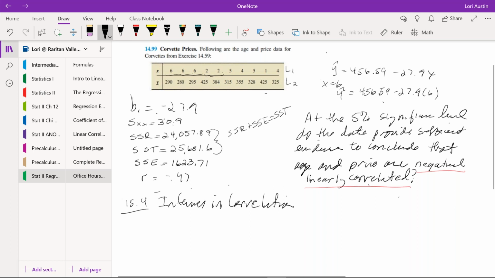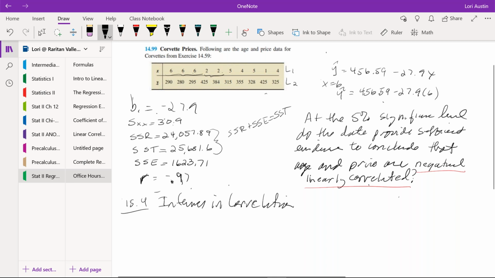Now, to do correlation, we need to introduce R, our correlation coefficient that we found in last week's session. And we got it to be negative 0.97, which told us this sample was pretty closely linearly correlated.